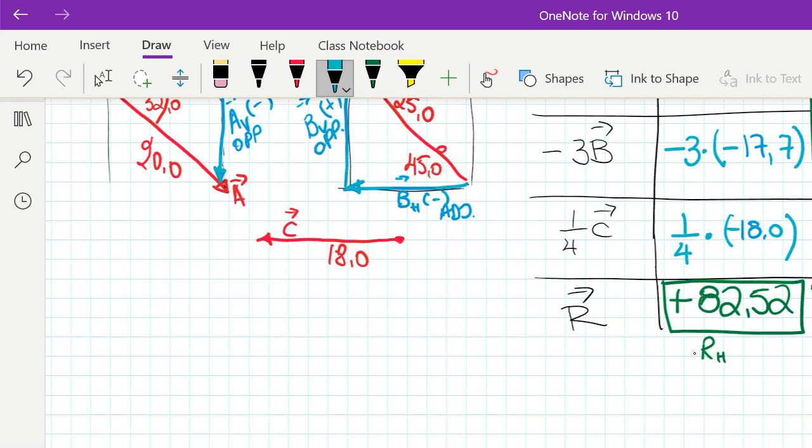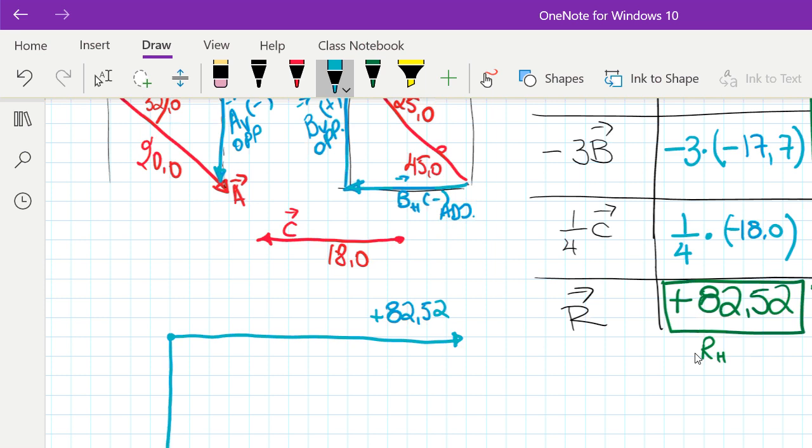Which means that having a positive horizontal component means that you're going toward the east. So positive 82.52. And having a negative vertical component means that you're going toward the south.